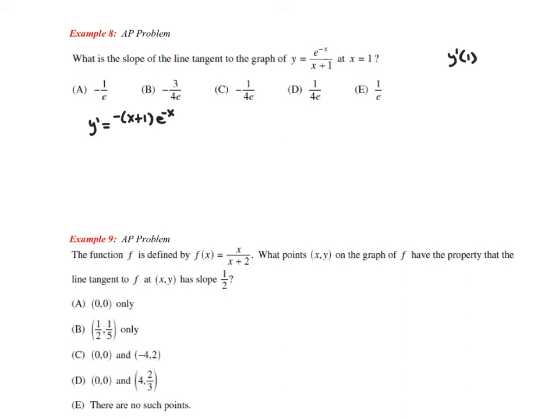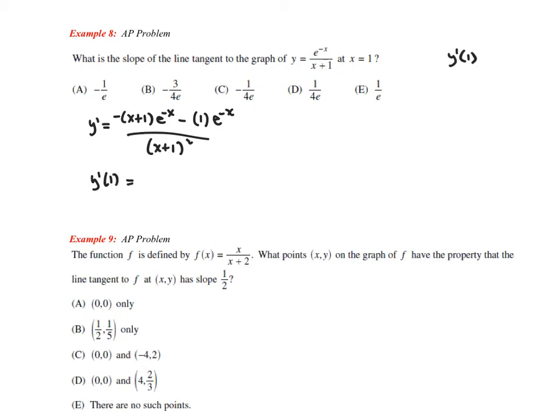Okay, be careful with that. That's that chain rule coming into play, minus the upper function times the derivative of the low. So the derivative of the lower function is 1, the upper function is e to the negative x, all over the denominator squared. All right, so I'm going to plug in a 1.